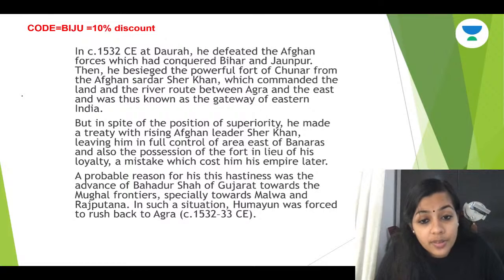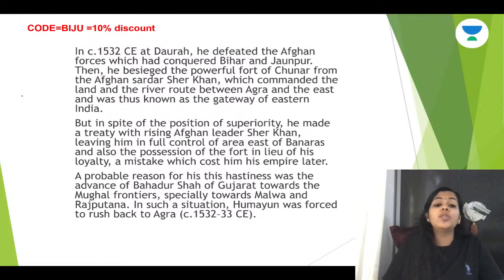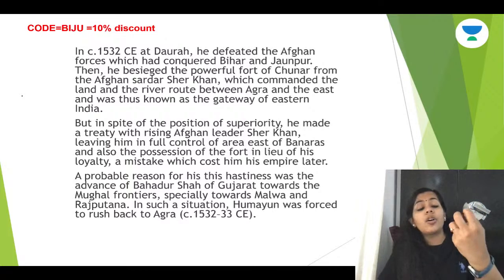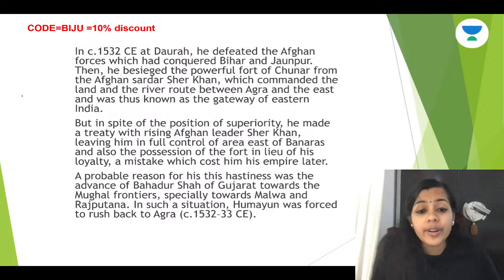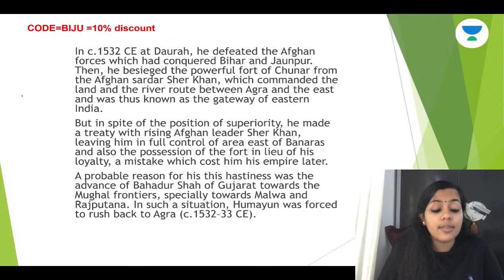A probable reason for his hastiness was the advance of Bahadur Shah of Gujarat towards the Mughal frontier. This created hatred in the mind of Sher Khan, and he wanted to acquire this area.